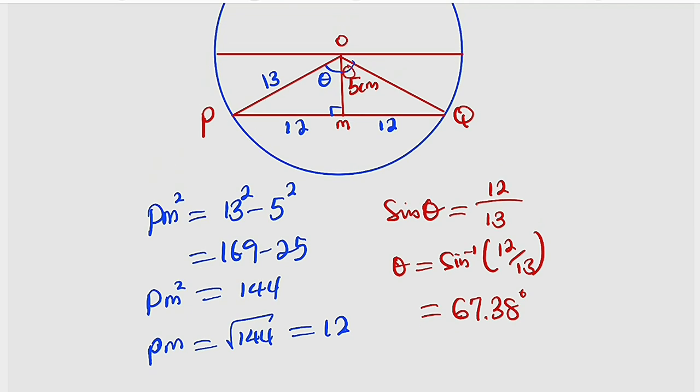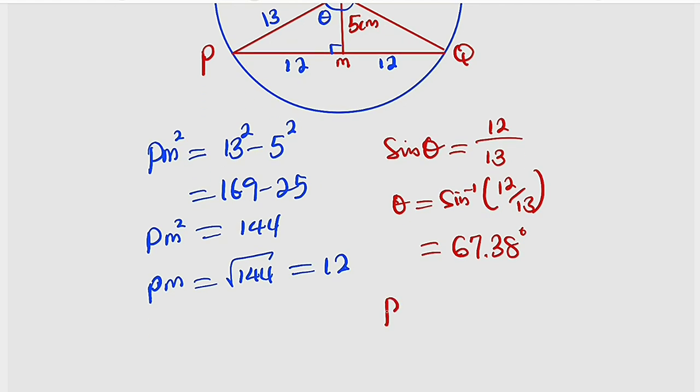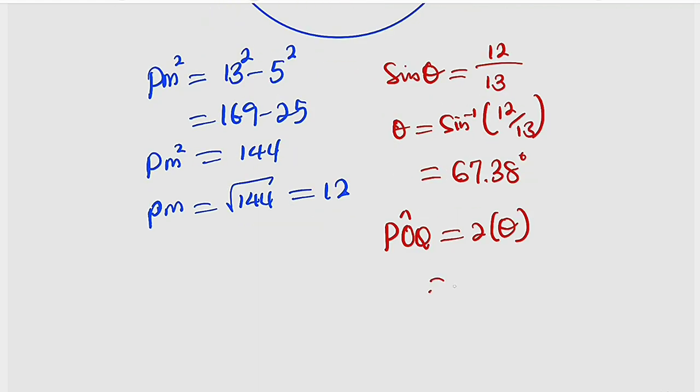Because there are two, we are looking for the entire angle right here. So let me say that angle POQ, which we are looking for, is nothing but twice theta. Let me just write theta here. So this is equal to 2 multiplied by 67.38.